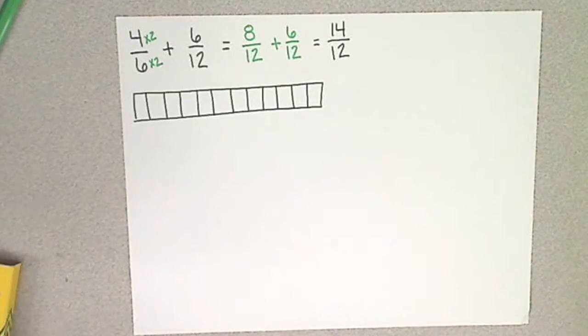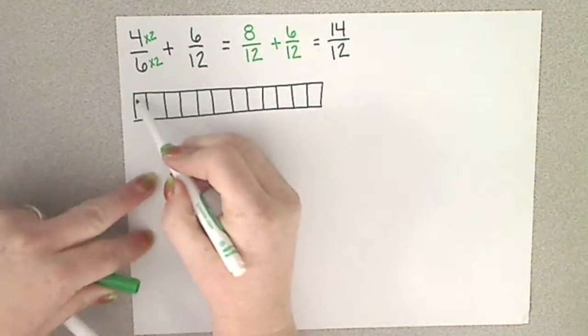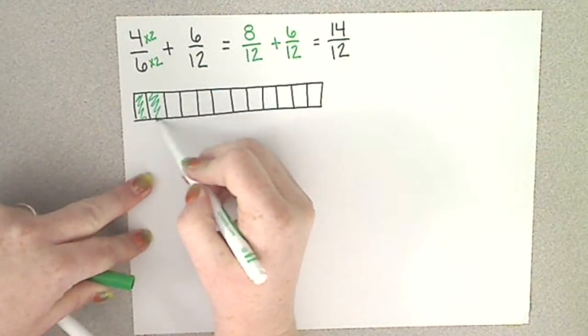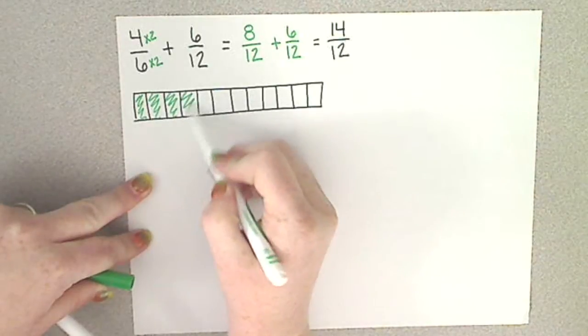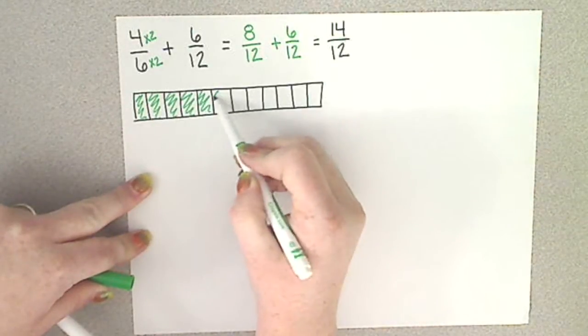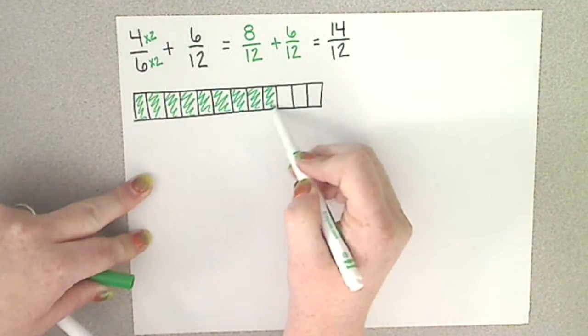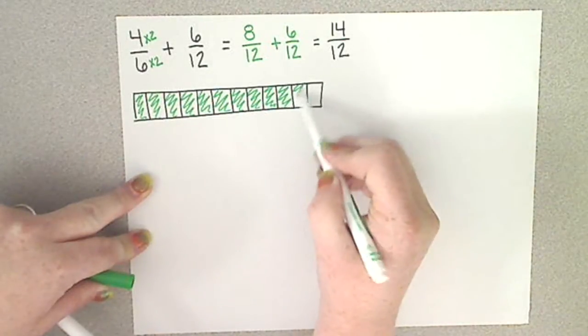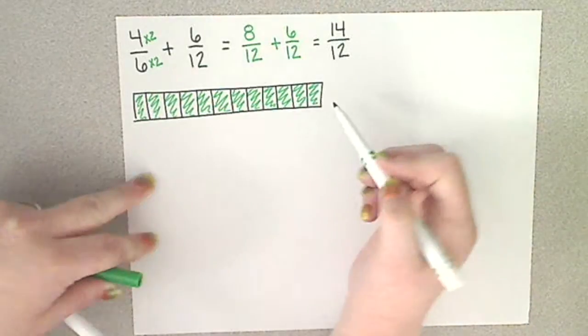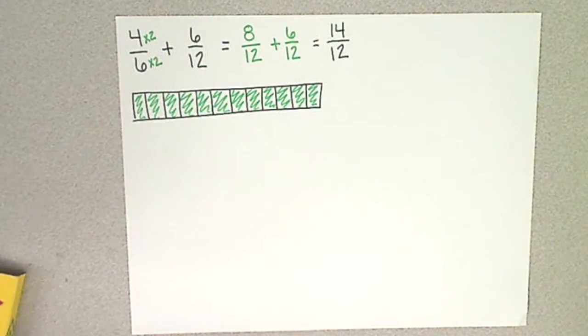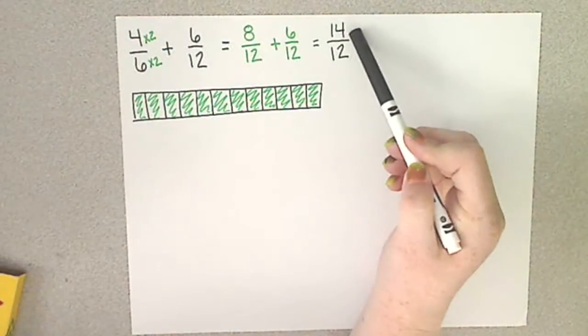And now I can start shading. 1, 2, 3, 4, 5, 6, 7, 8, 9, 10, 11, 12. But that's 12 pieces. I have 14.